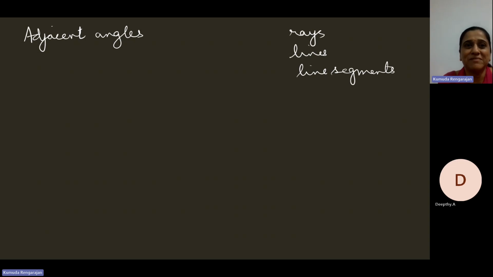Point, line segment, ray, angle, collinear points, non-collinear points, complementary angles, supplementary angles, now adjacent angles.